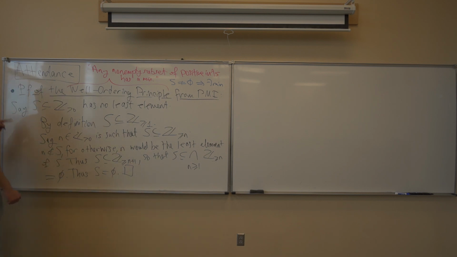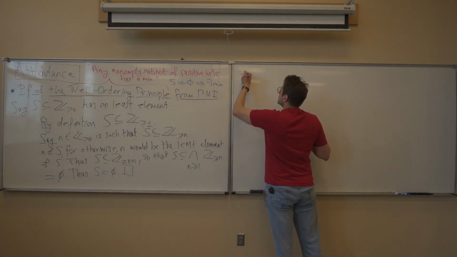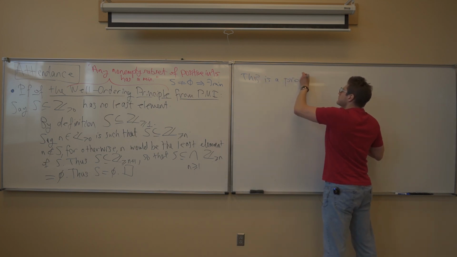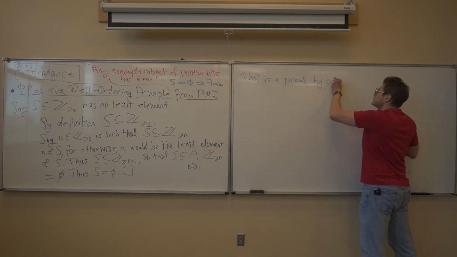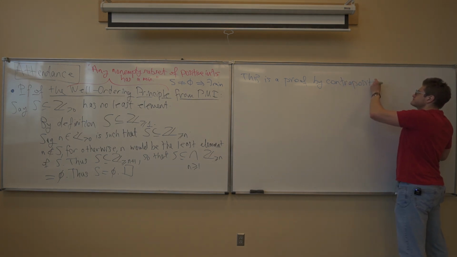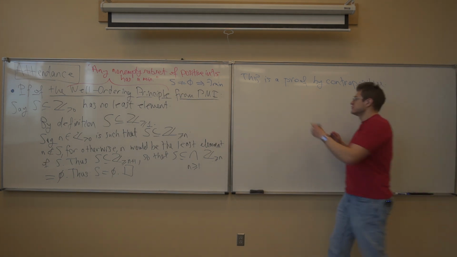So this maybe is a proof by contrapositive. That's the general scheme, the big proof perhaps.